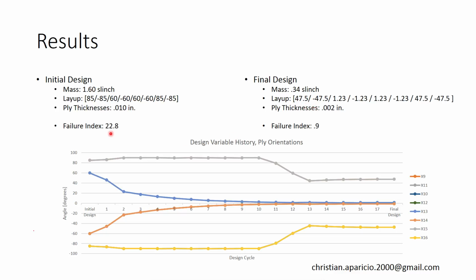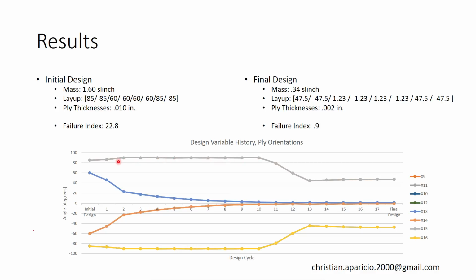Our failure index before was at a maximum of 22.8, and this was for lamina 8, and I believe the other 85 degree plies. But now our failure index is below 0.9. Here is just to summarize the progression of the design variables, specifically the ply orientations.